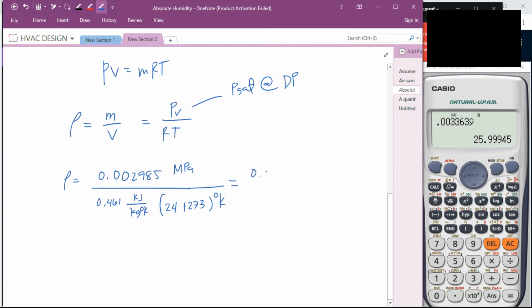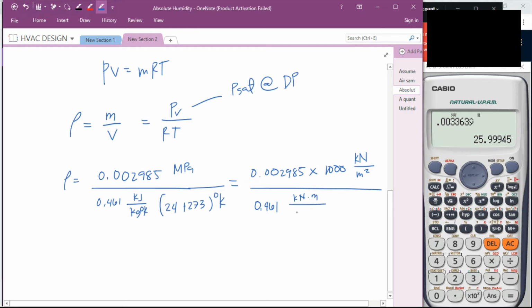So, 0.002985. Kailangan dito naka-kPa. Multiply na lang natin ng 1,000 newton per kilonewton per meter squared, divided by 0.461 kilonewton meter, yung kilojoule eh, per kilogram degree Kelvin. 24 plus 273, I think that is 297, kung di ako nagkakamali, 297 degree Kelvin.